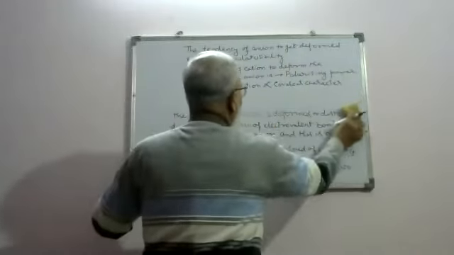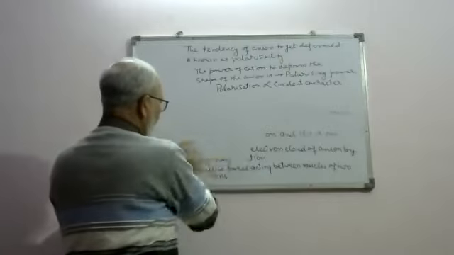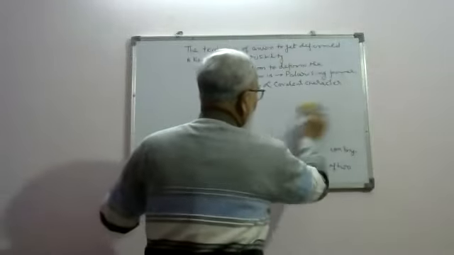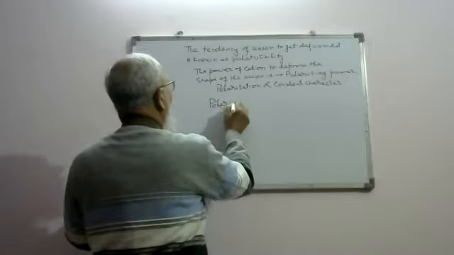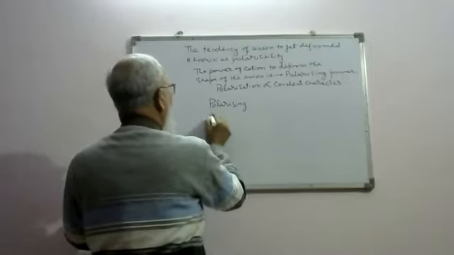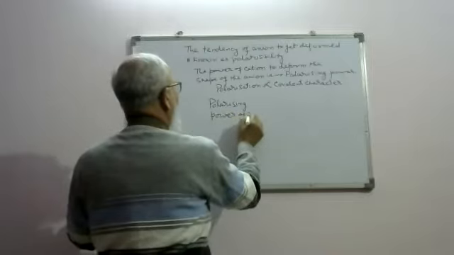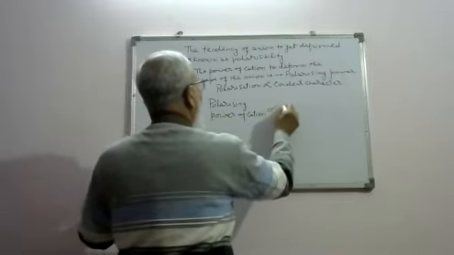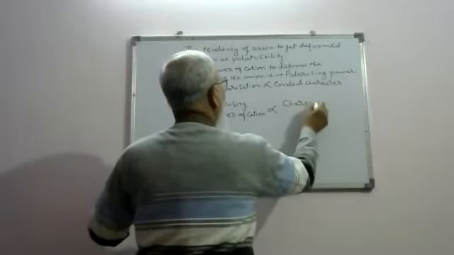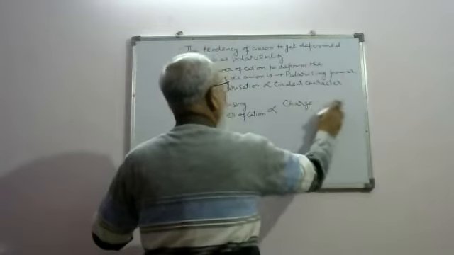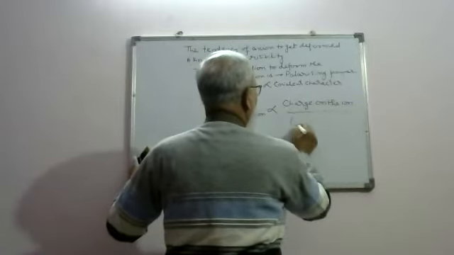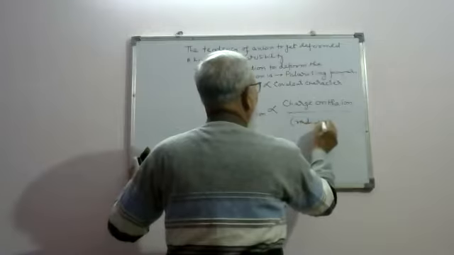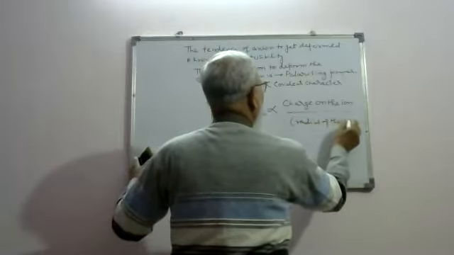Now, this polarizing power of the cation is directly proportional to the charge on the ion and inversely proportional to the square of the radius of the ion.